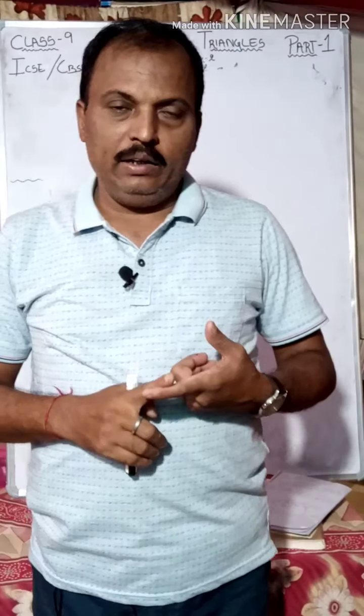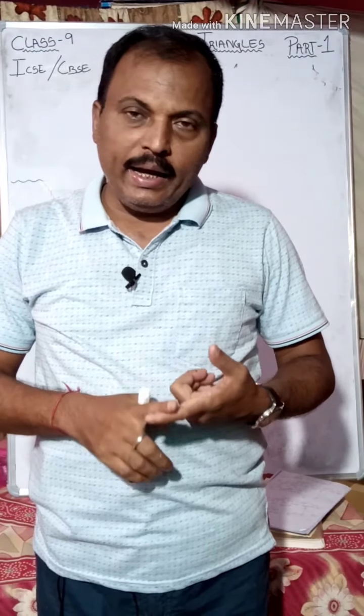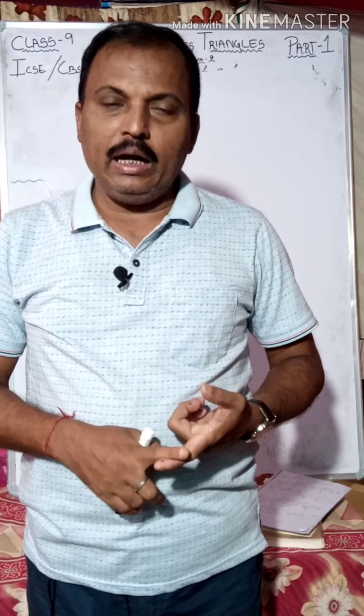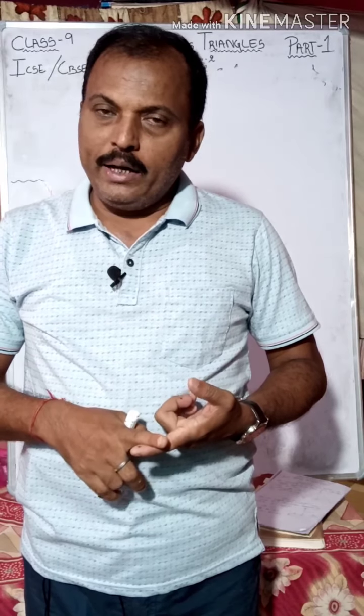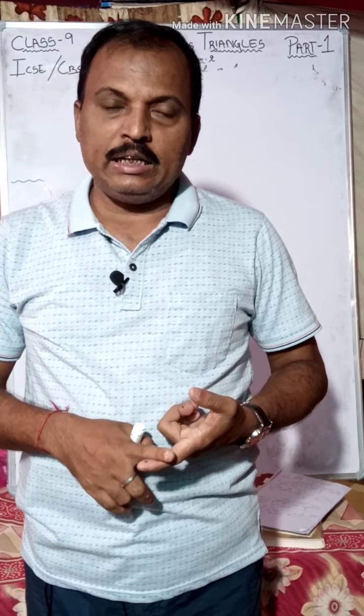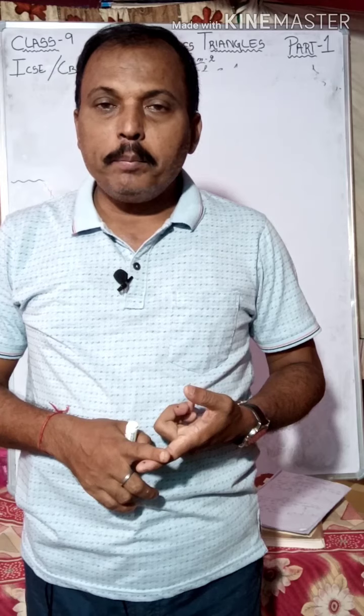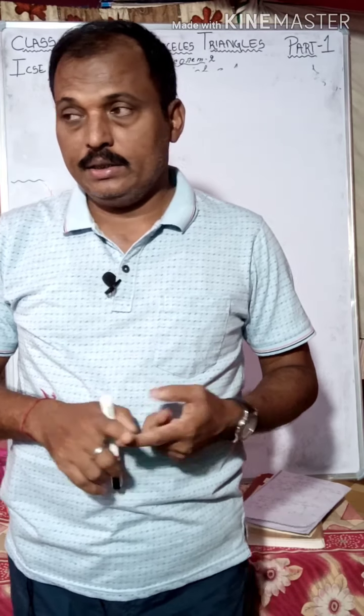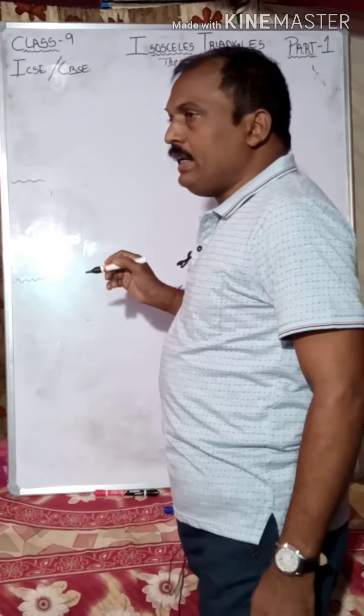Another small thing: a triangle has three angles, three sides, three medians, three perpendiculars, three vertices, also three bases. A triangle has three bases. Every side is a base.